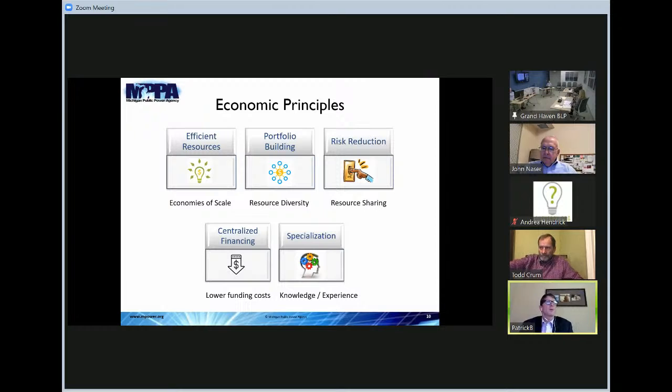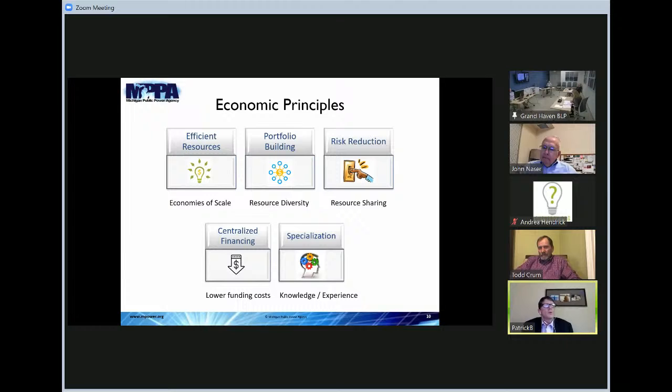So the economic principles that really are the key underpinning of the agency are economies of scale, resource diversity, resource sharing, lower funding costs, and knowledge and experience. And as I mentioned earlier, joint action agencies really in the 70s and 80s and even part of the 90s were really asset owning enterprises.